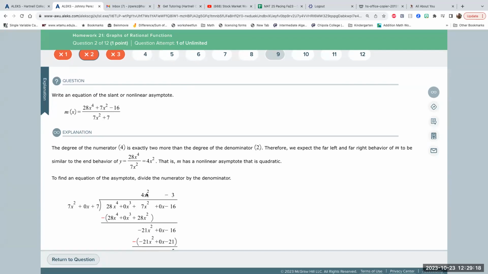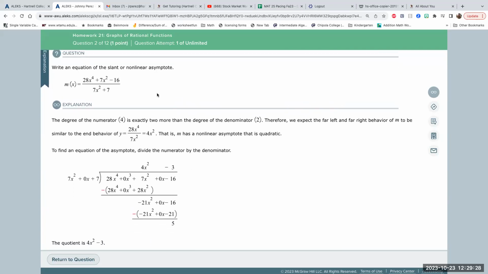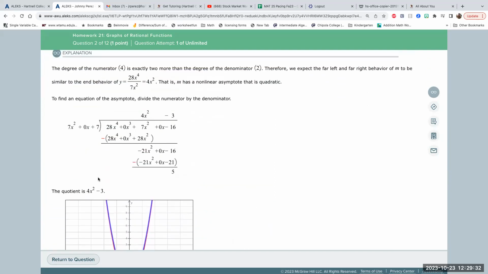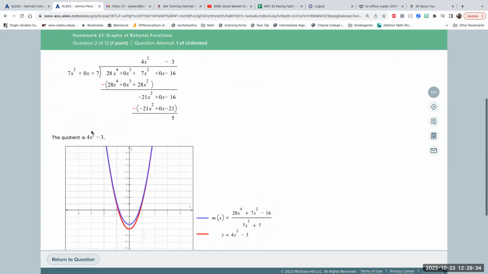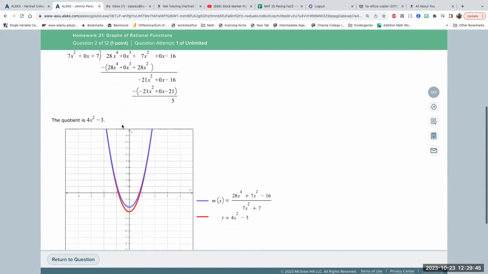This is of degree 2, it's a quadratic. Remember, a quadratic looks like a parabola. So this is our asymptote. If you were to graph this function here, you would have this depicted in red, like this red parabola. And this, if you were to graph it, is also going to be parabolic.